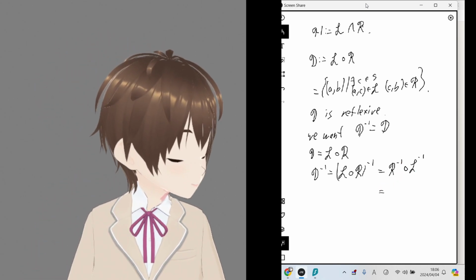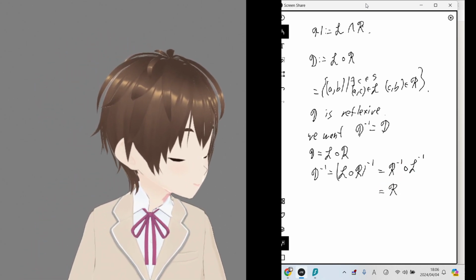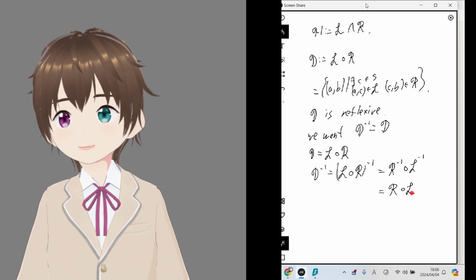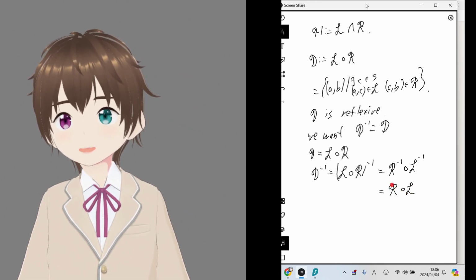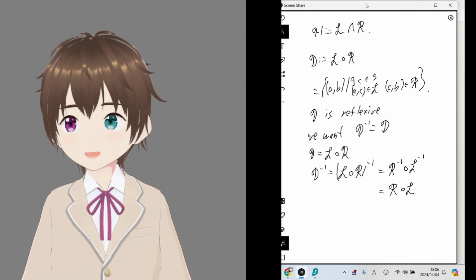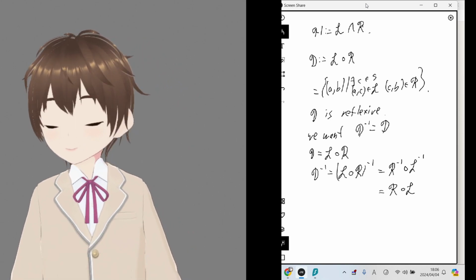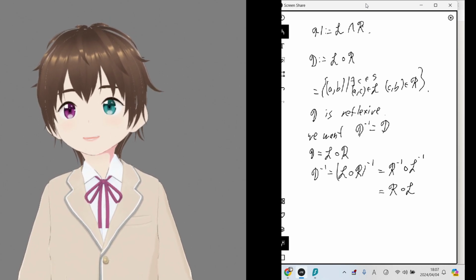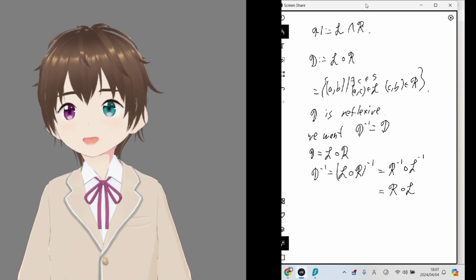Okay, R and L are both equivalence relations, so they're equal to their own inverse because they're symmetric. This is equal to R composed L, and here's the bit where I'm going to cheat. R is about multiplying on the right, and L is about multiplying on the left. What does it mean to be associative in a semigroup? Well, it means if I take a thing and multiply it by something on the right first, and then multiply it by something on the left, it's the same as multiplying it on the left first and then on the right.